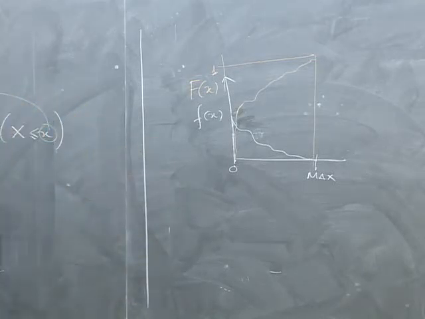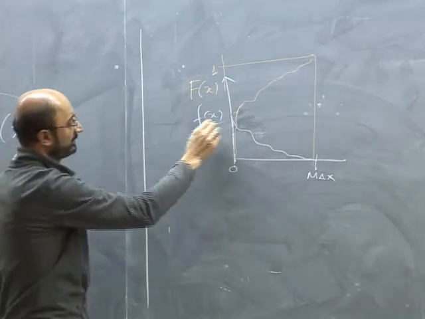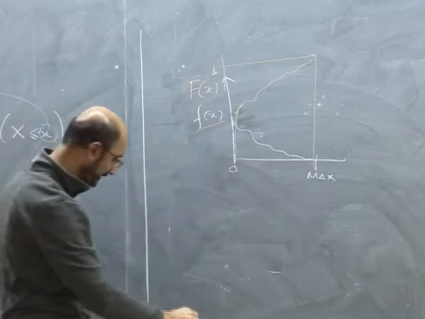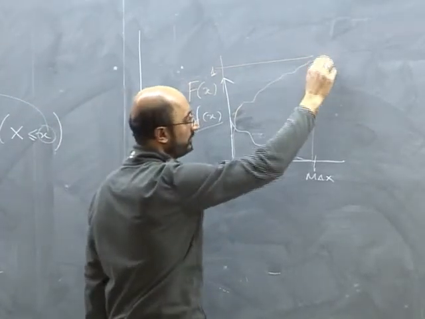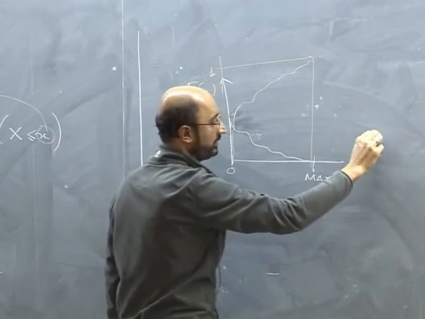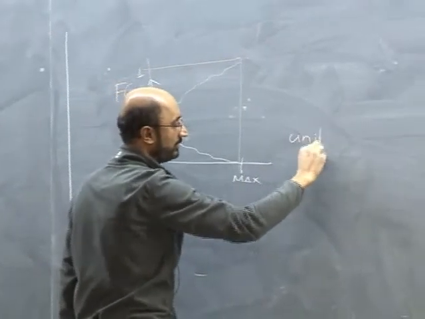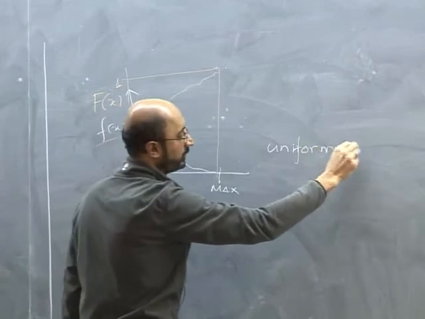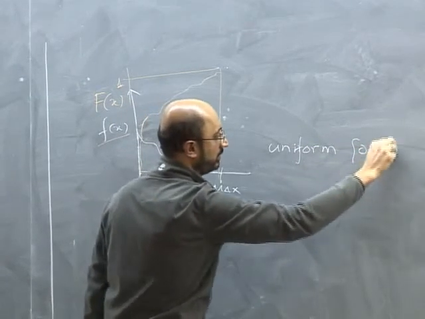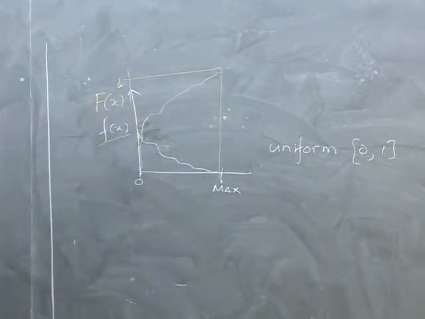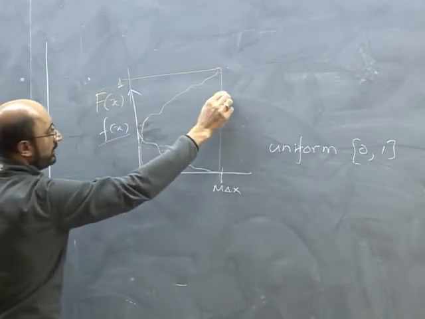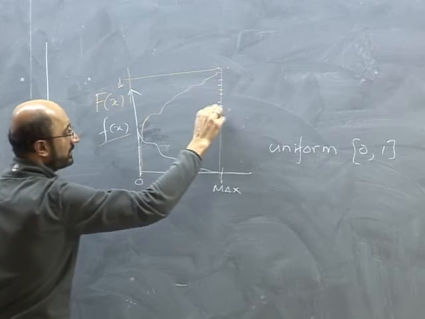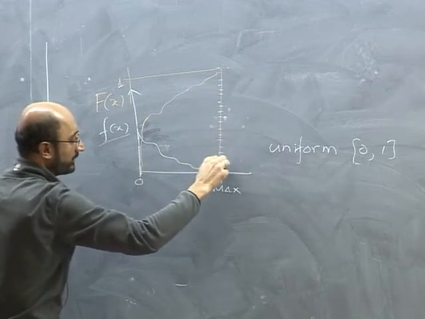What we want to do is generate values from this density function f(x). So first we do this, and the second thing we do is generate uniformly distributed values, uniform in the range 0, 1. So what you're basically doing is generating values that are uniformly distributed along this one over here.